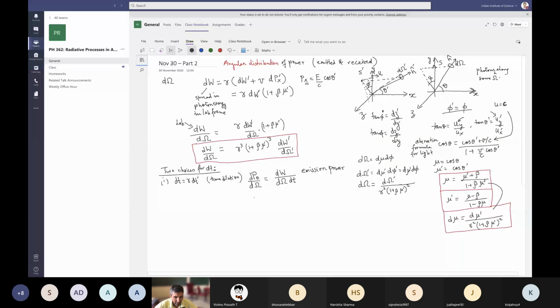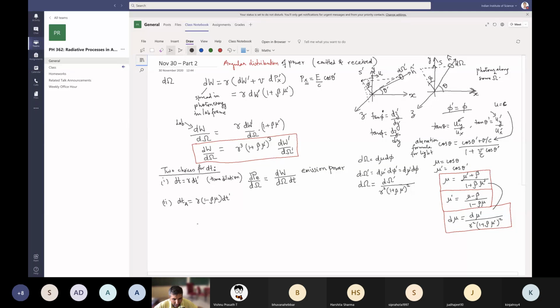The other choice is dTA, the time interval between the arrival of photons, and that is given by 1 over gamma times (1 minus beta mu) dt prime.